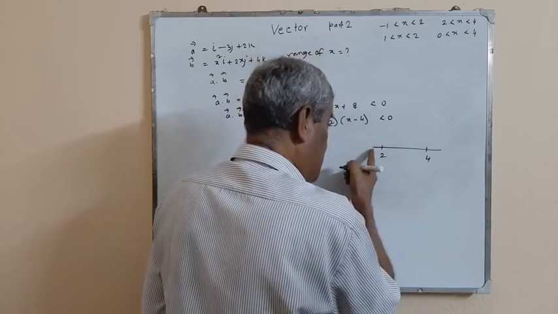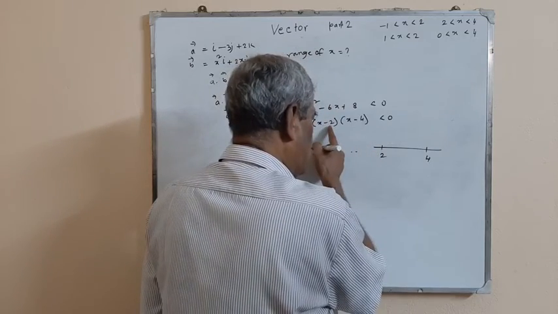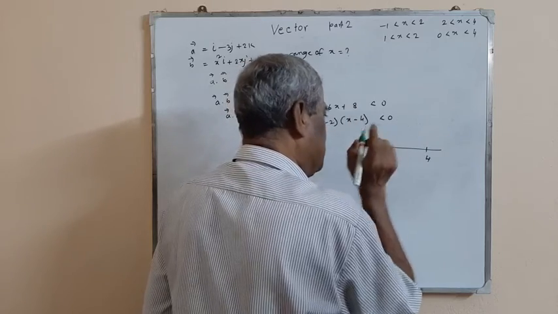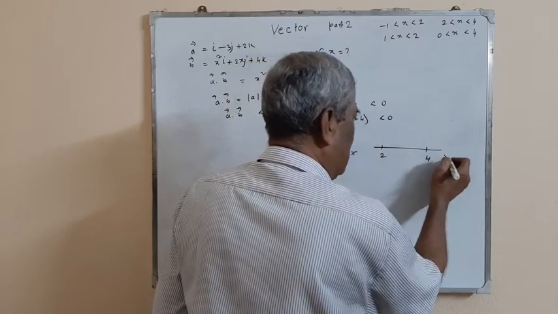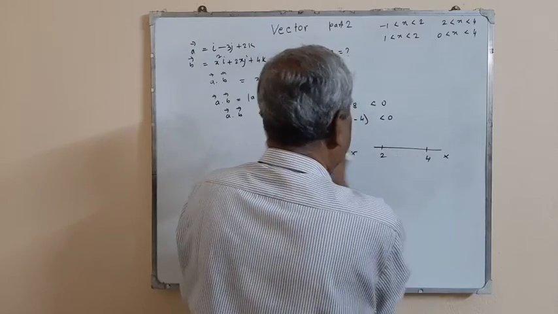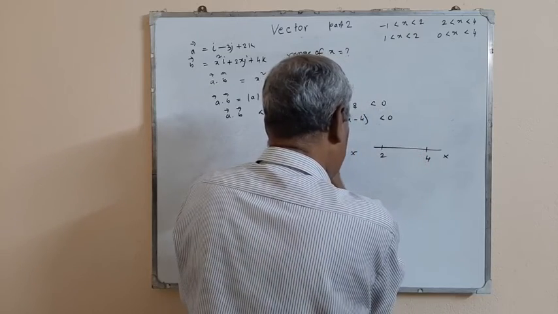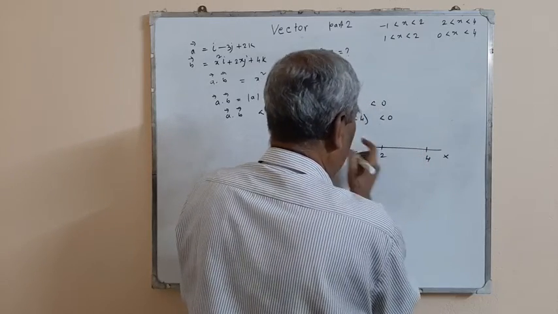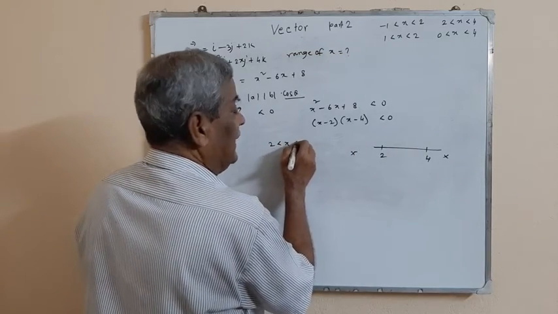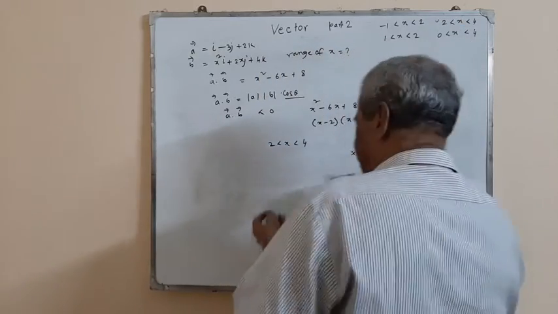If x lies before 2, then x minus 2 is negative, x minus 4 also negative, their product is positive, so it cannot lie there. If x lies between 2 and 4, after 2 and before 4, this is positive, this is negative. So we must have 2 less than x less than 4. So that option is correct.